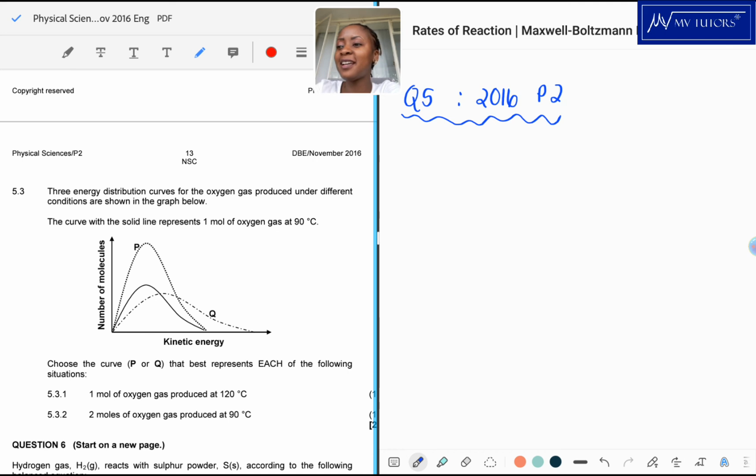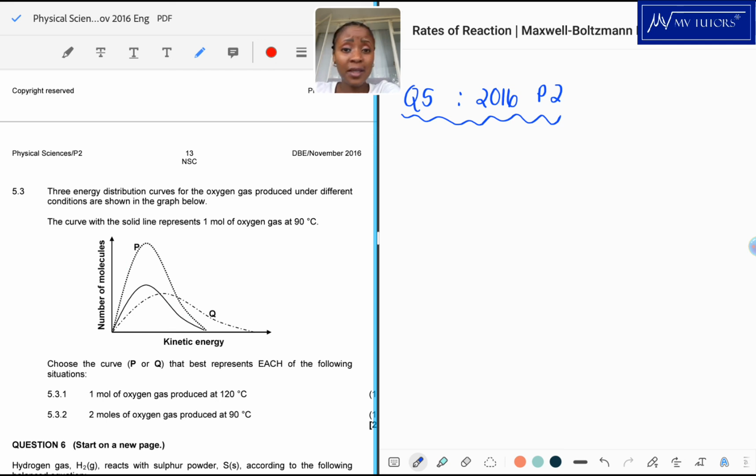If you can see here, it's actually 2 marks out of 150, but it's a nice 2 marks to bag. Okay, so it says 3 energy distribution curves for the oxygen gas produced under different conditions are shown in the graph below. The curve with the solid line represents 1 mole of oxygen at 90 degrees Celsius.